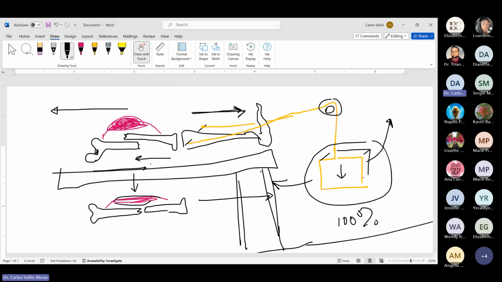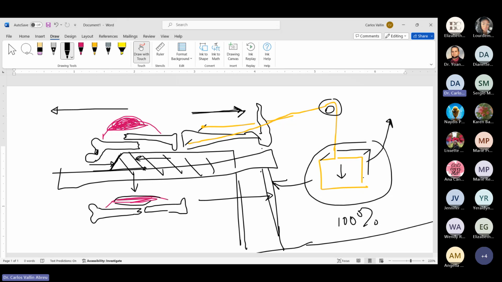And what they do for that is either elevate the foot of the bed, which is going to hold the client in position, or place here a wedge that keeps the client. Okay, the client is going to slide, and is going to be stopped by this wedge.